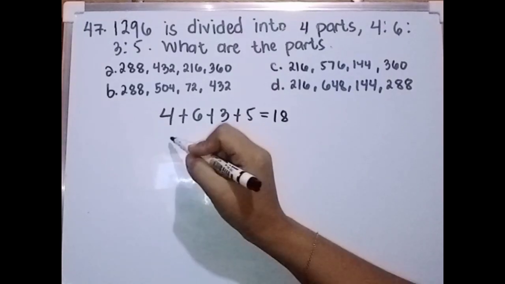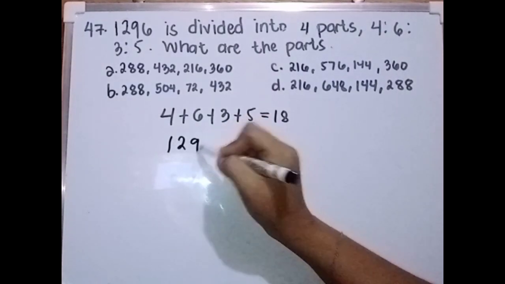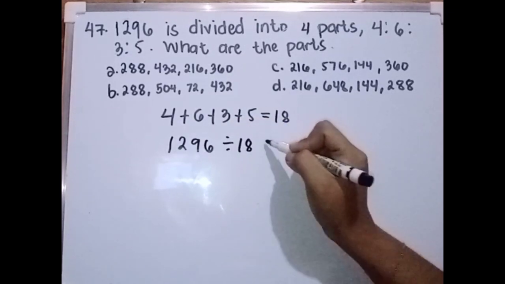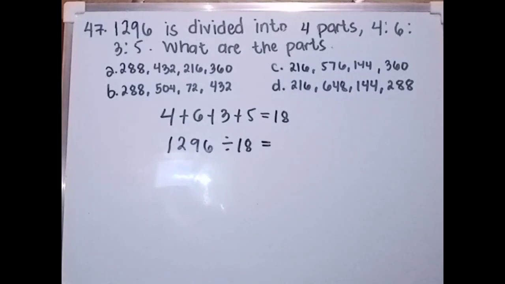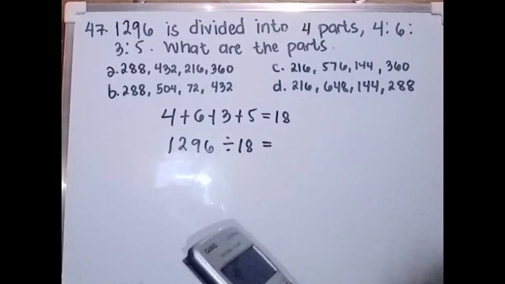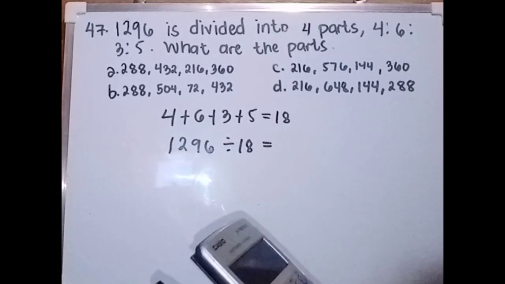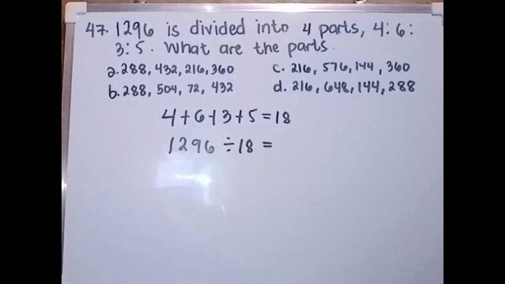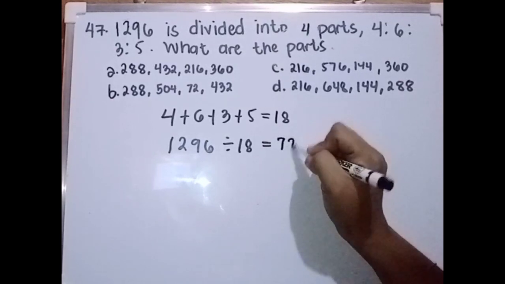Second, we will divide 1296 by 18. So 1296 divided by 18 is equal to 72.